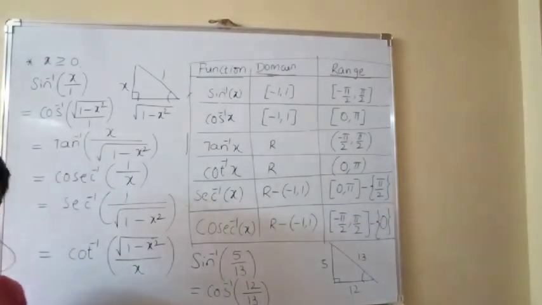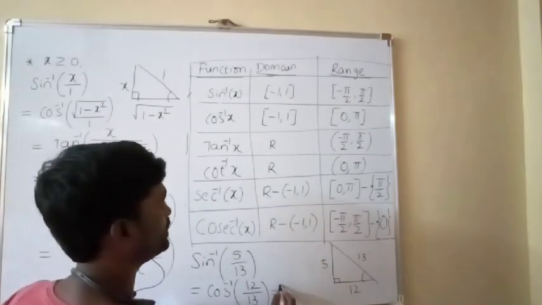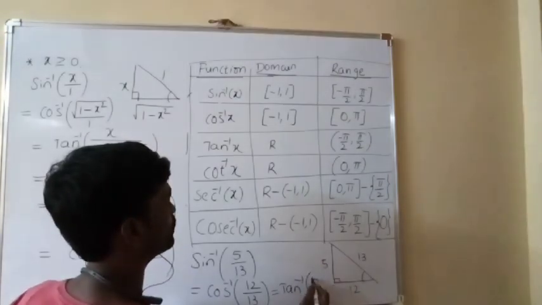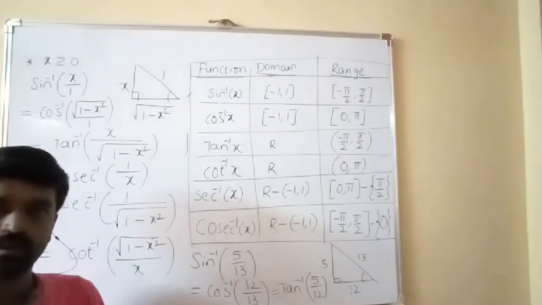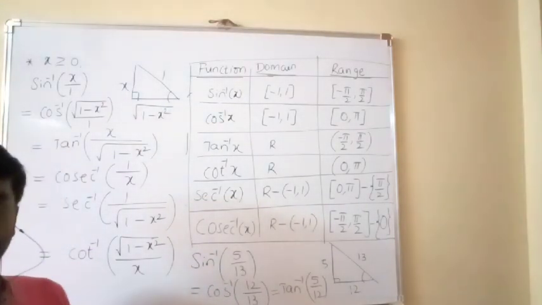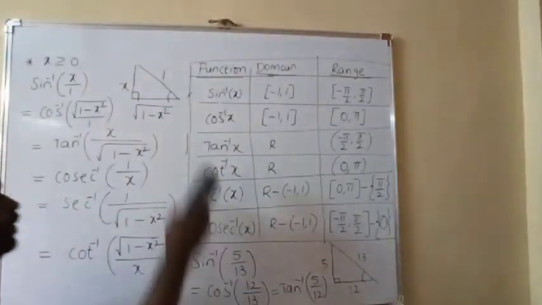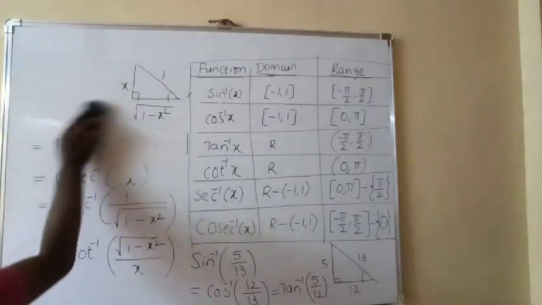So sine inverse of 5 by 13 is the same as cos inverse of 12 by 13, and it is the same as tan inverse of 5 by 12. I hope you understood these conversions. So when x is positive, remember all these angles are acute angles.